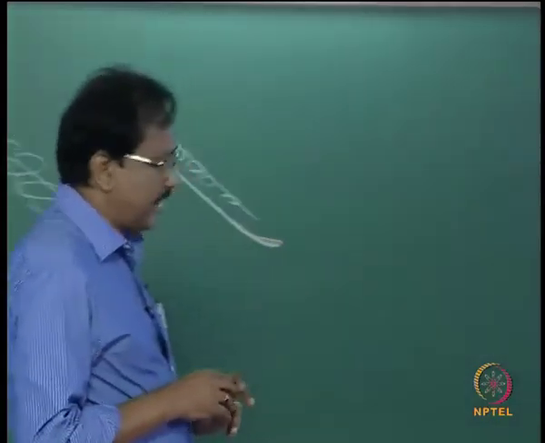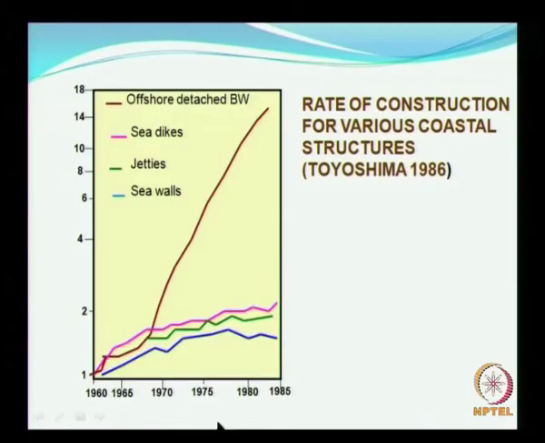You see that there is not much of a difference here, and the rate is almost constant after some time, that is, after 75 you see an almost constant rate, and even the rate of increase is quite gradual from 1960.